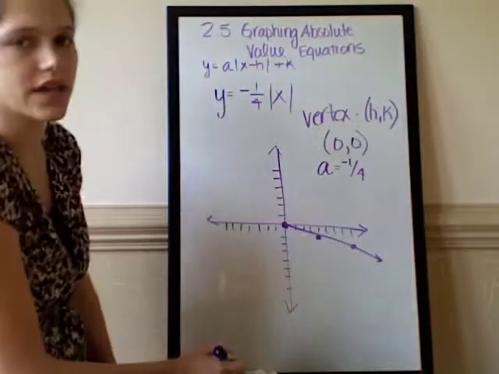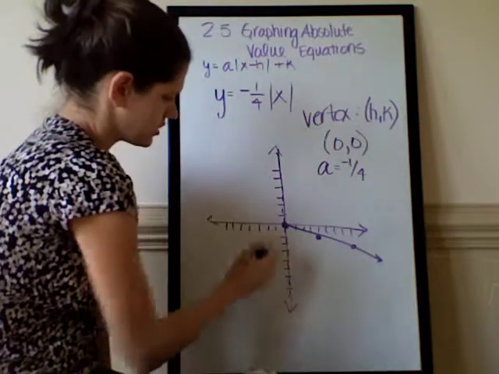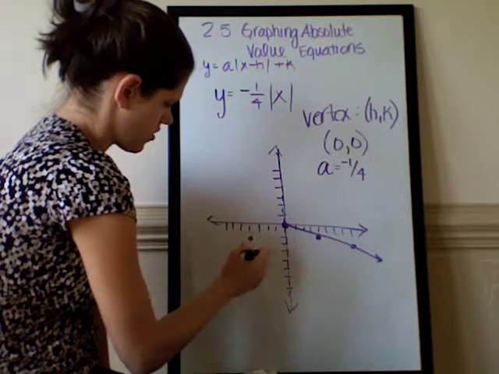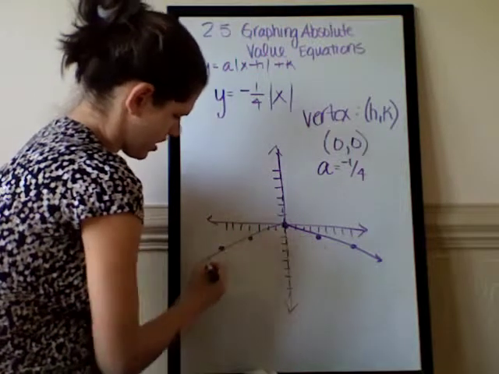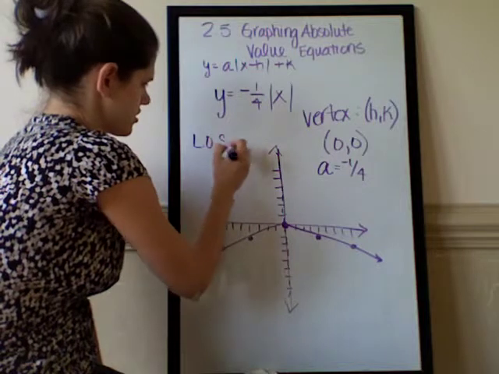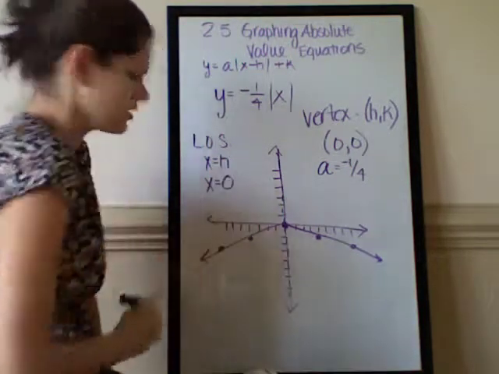Alright, where's my line of symmetry going to occur? Here at my vertex. So on this side I'm going to mirror 1, 2, 3, 4. Down 1, 2, 3, 4. And there's my absolute value graph. Line of symmetry is x equals h, which h in this case is 0.